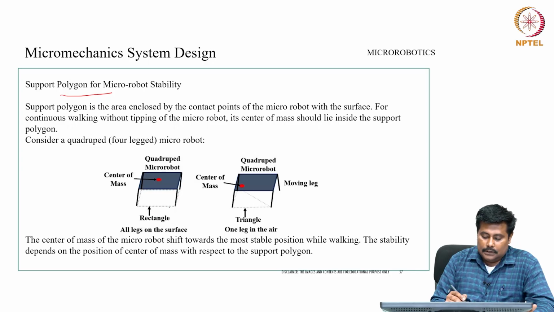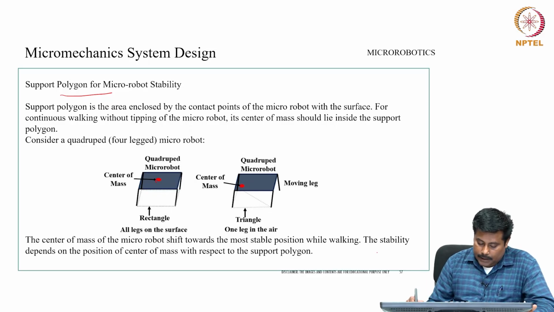In this quadruped micro robot, we have four legs as mentioned, the center of mass stays over here, and then there is a rectangle, this one. With all the legs on the surface, we get a rectangle, and the center of mass of the micro robot shifts towards the most stable position while walking.